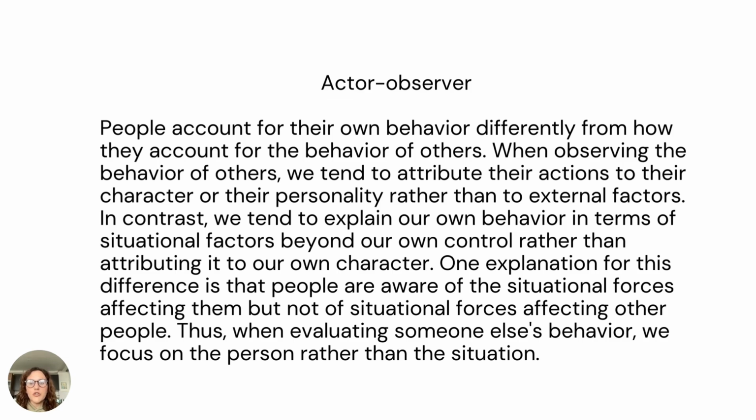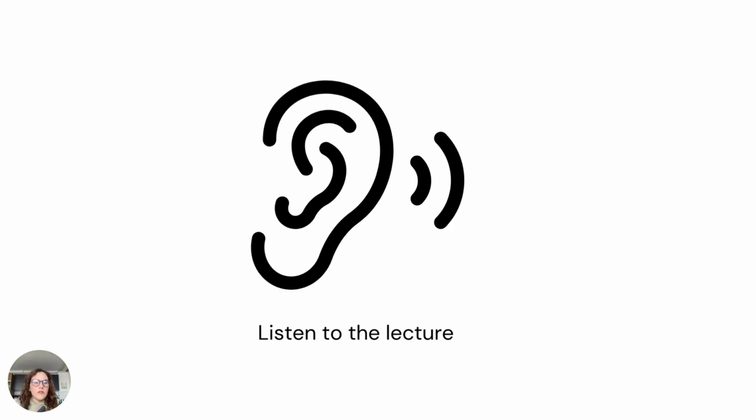Okay, we're moving on to the lecture. So we encounter this in life all the time, but many of us are unaware that we do this, even psychologists who study it, like me. For example, the other day I was at the store and I was getting in line to buy something, but just before I was actually in line, some guy comes out of nowhere and cuts right in front of me.